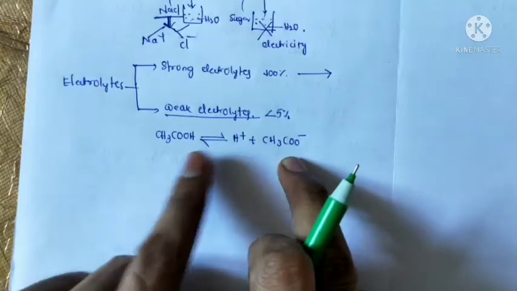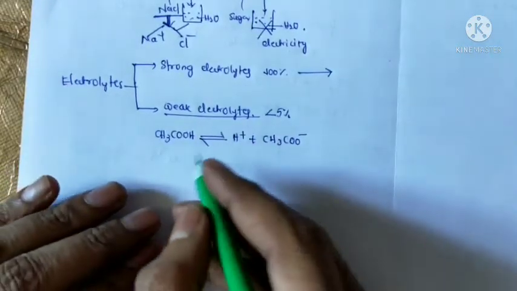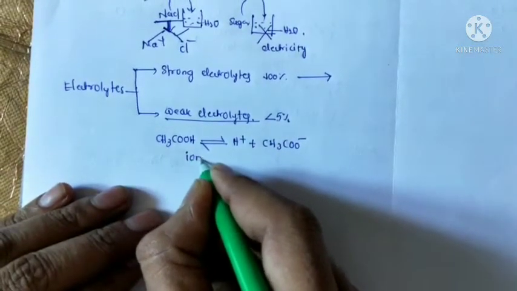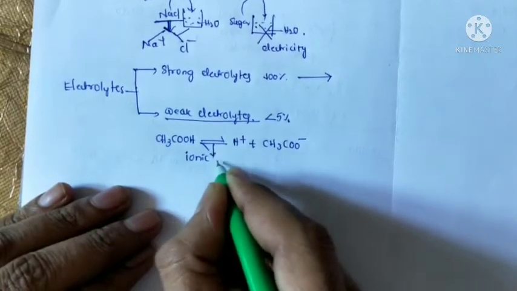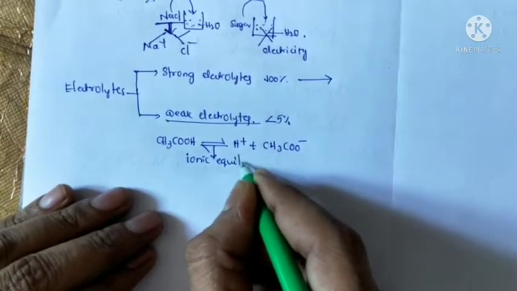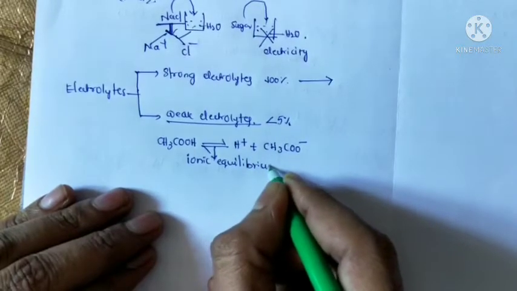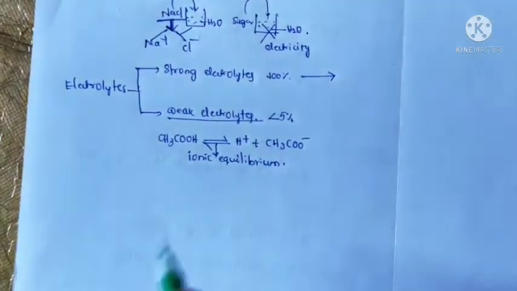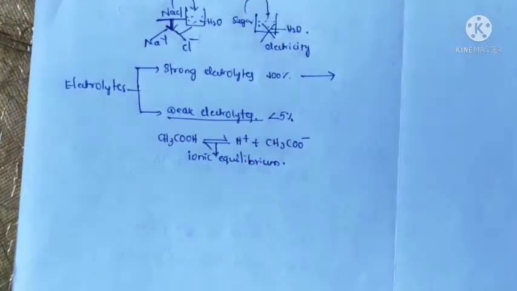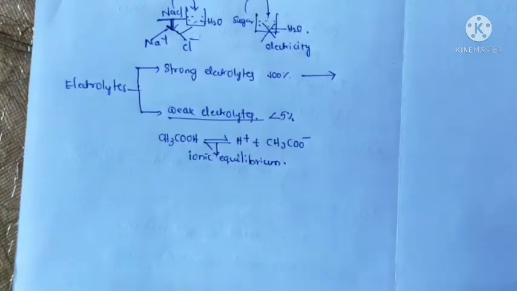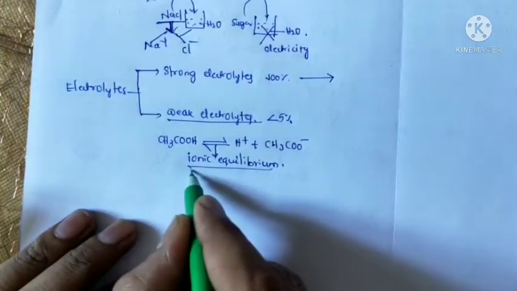This type of equilibrium is called ionic equilibrium. In weak electrolytes, the substances dissolve partially, so equilibrium will be established, and that equilibrium is called ionic equilibrium.